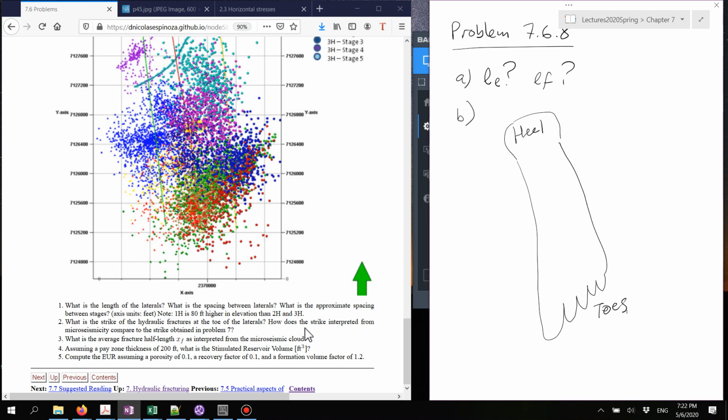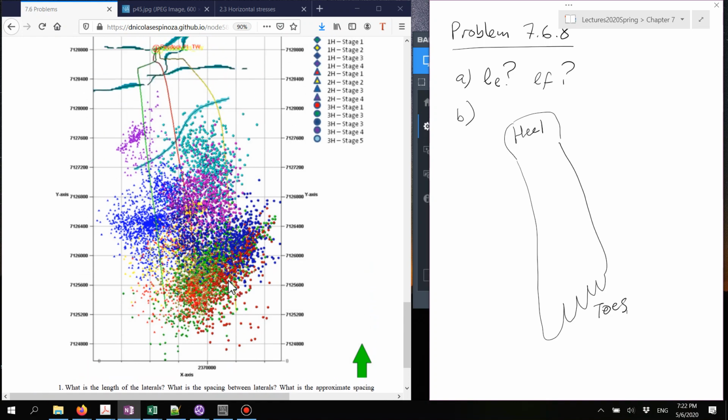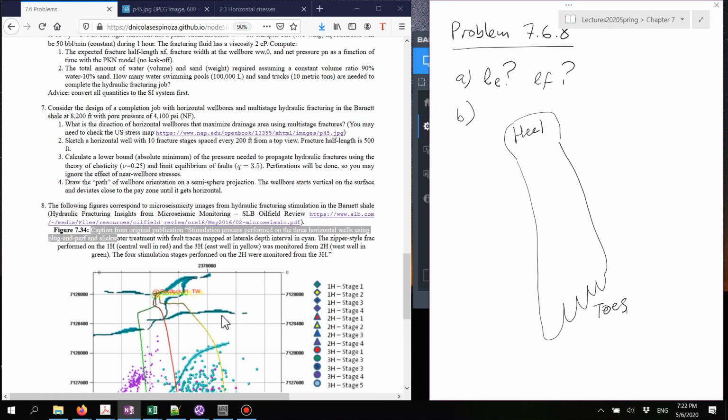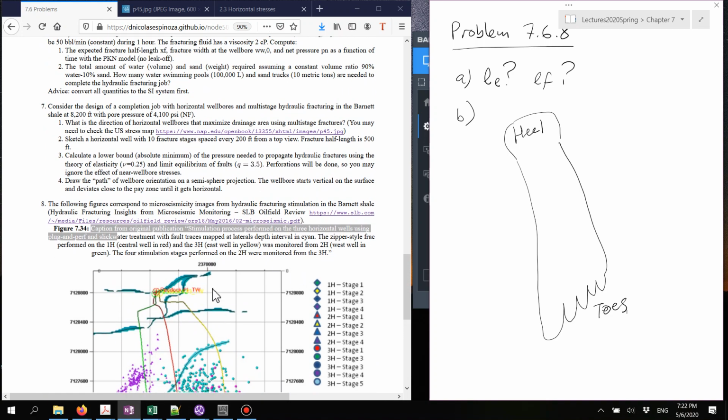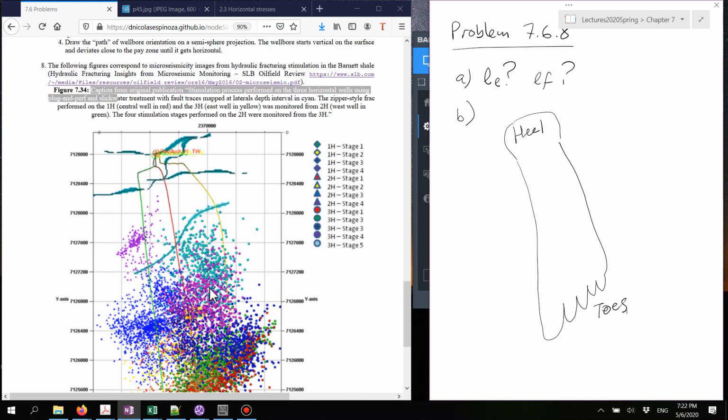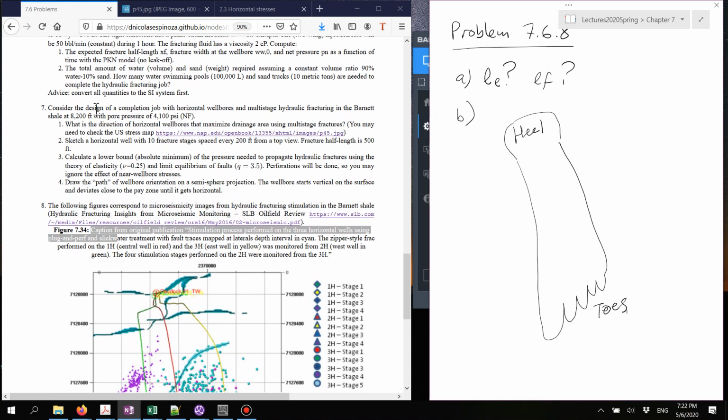And from here also you can compare the expected strike or orientation of that fracture with the one that you get from problem number 7, because actually this image comes from the Barnett shale, and the Barnett shale is what you are also solving in problem number 7.